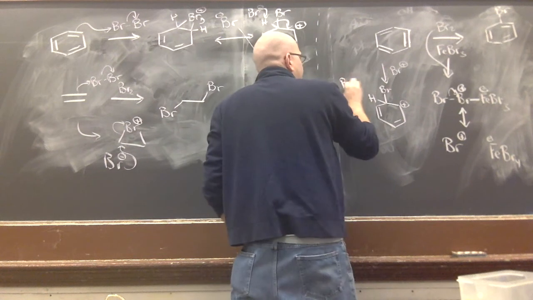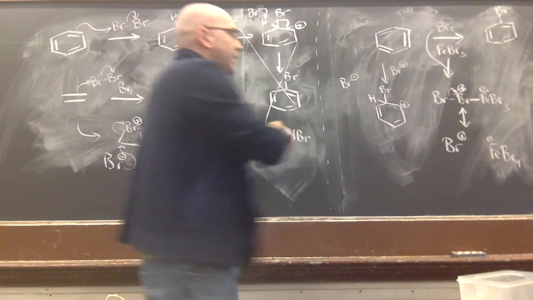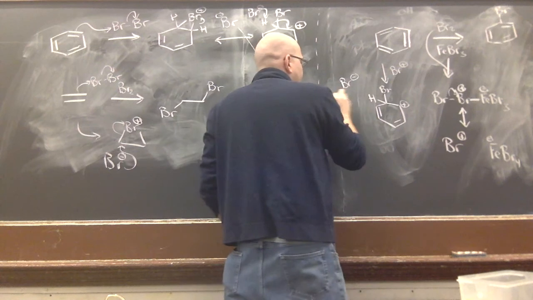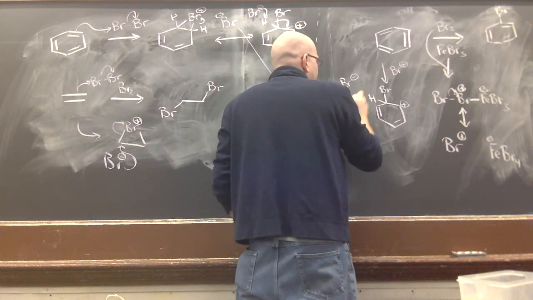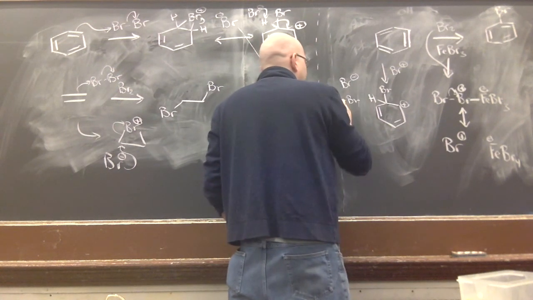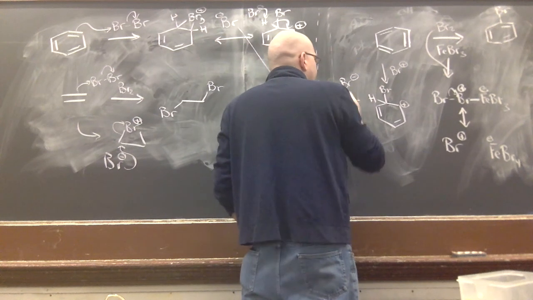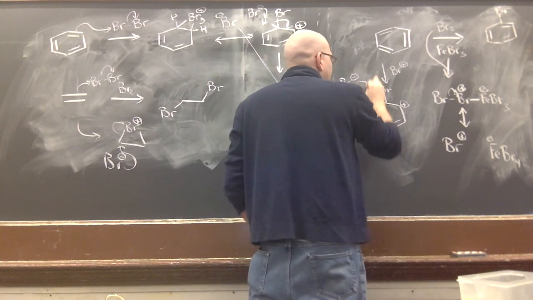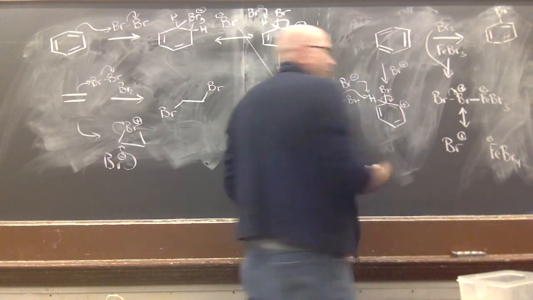You can either stick with the Br-, which would have otherwise been here, or if you'd rather, you could do something like this. Again, I don't even know exactly which one is more kosher than the other. But I think either one is probably fine.